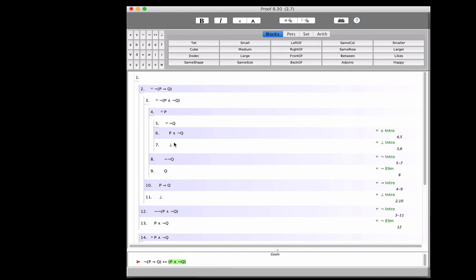In other words, what you're going to want to do is generate a contradiction that will yield the sentence P and not Q.